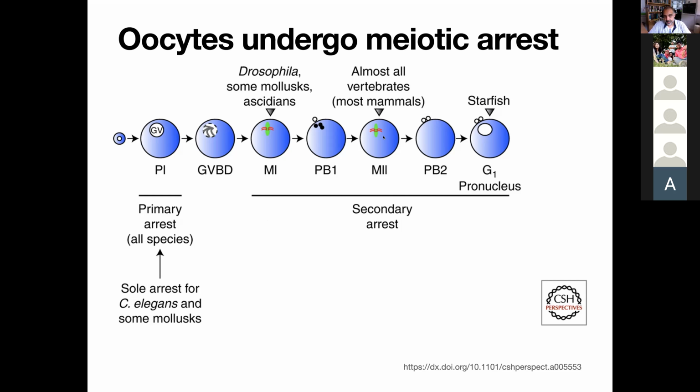Raj, what is the full form for GV, BD, and PB1 and 2? Pardon? What are the full forms for GVBD, and PB1 and PB2? So GVBD is germinal vesicle breakdown. PB1 is polar body 1, and PB2 is polar body 2.